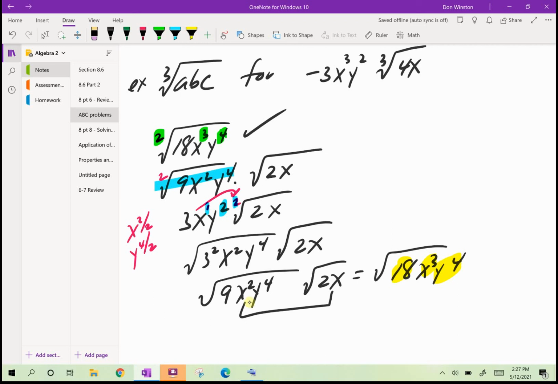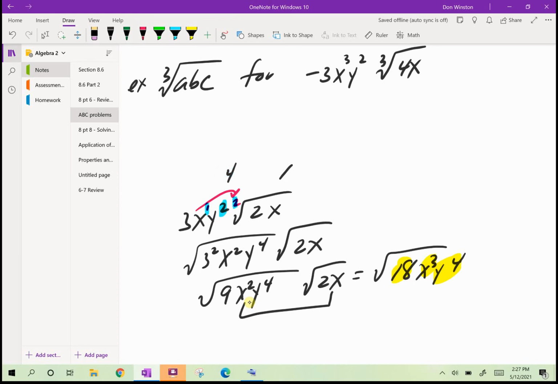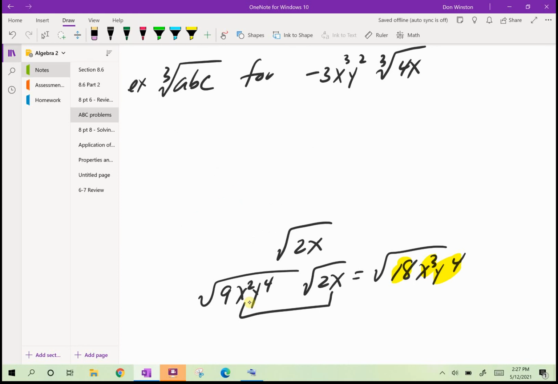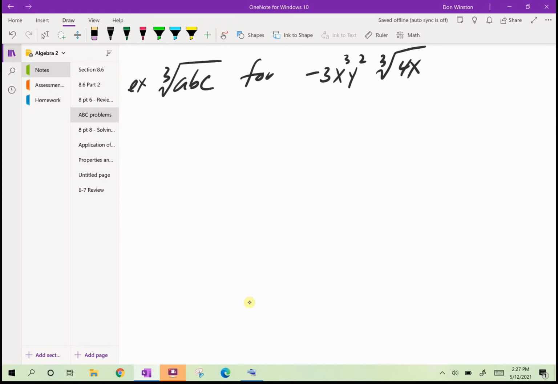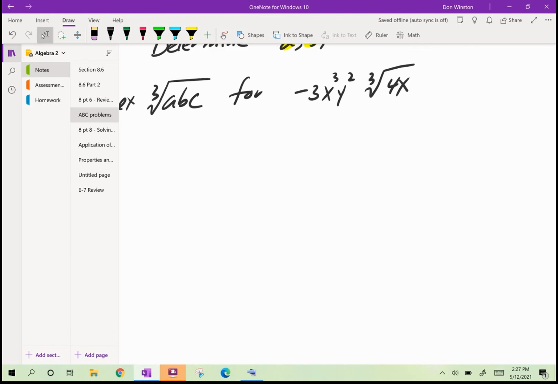All right, so let's do these here. Basically, we're just reversing the process. So let's take a look at the first example here. I have the cube root of ABC equals negative 3x cubed y squared times the cube root of 4x. So here I go. I want to reverse the process. I'm working with the cube root, so I'll take negative 3 because my index is 3.